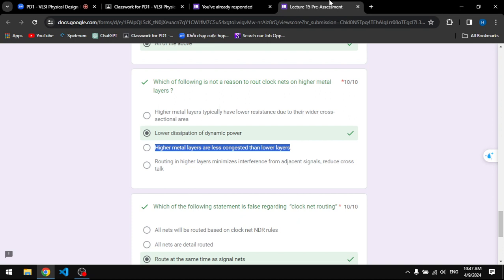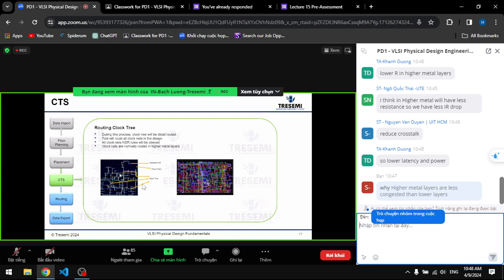Nguyễn Nam Hải says, why are high metal layers less congested than lower layers? What I mean by less congestion is in terms of power distribution. If you remember the lower layers here, metal one, you have a lot of power coming in. This is all power and ground provided to standard cells, right? So if you route on the lower layers, there's more crosstalk.